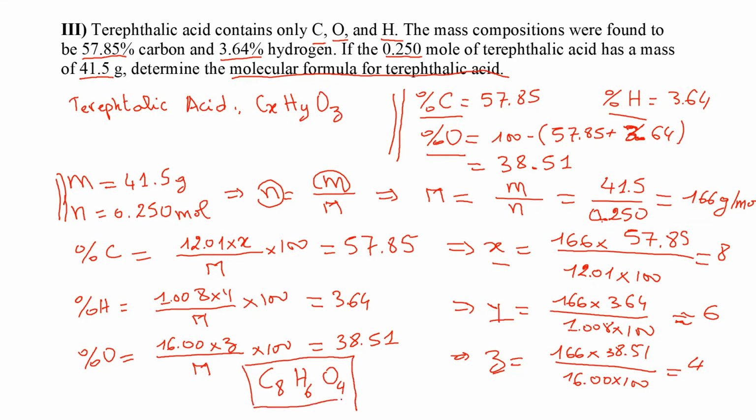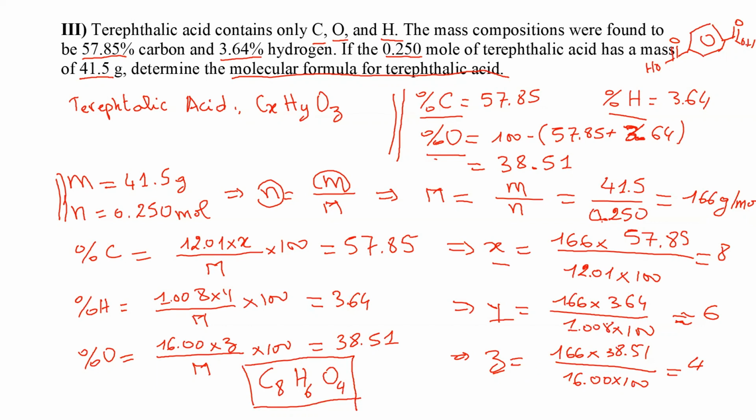And I will give you a bonus by giving you the structure actually. So you have a benzene ring, and you have 2 carboxylic acids that are opposite to each other like this. And we can check, we have 1, 2, 3, 4, 5, 6, 7, 8, C8.